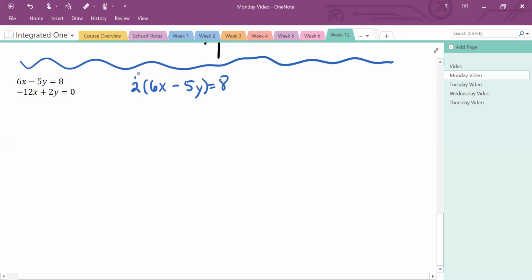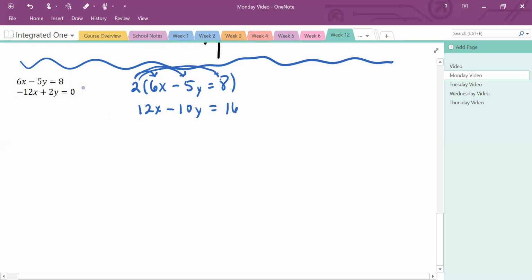So multiplying this out, I get 12x minus 10y is equal to 16.